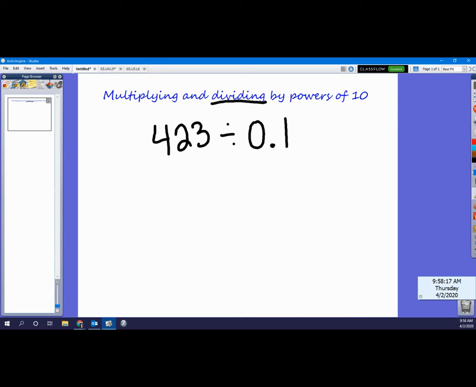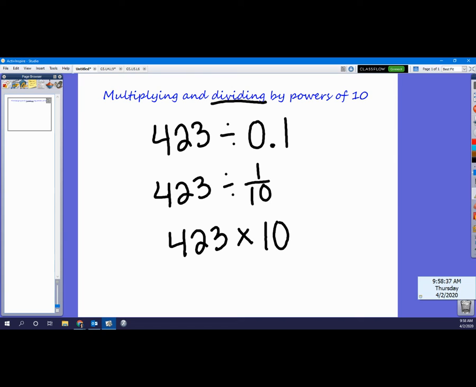Now, as a side note, if I had 423 divided by 1/10 written as a fraction, what would I do? Remember, back to dividing by fractions, I would rewrite that problem as multiplication using the reciprocal. So this 1/10 got flipped over, and so now it's a 10.